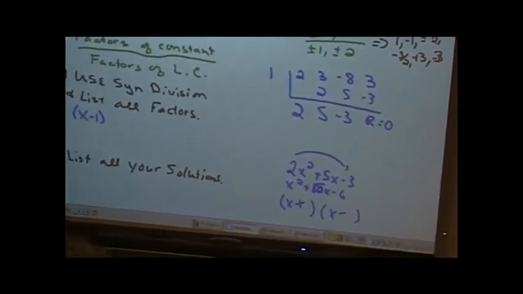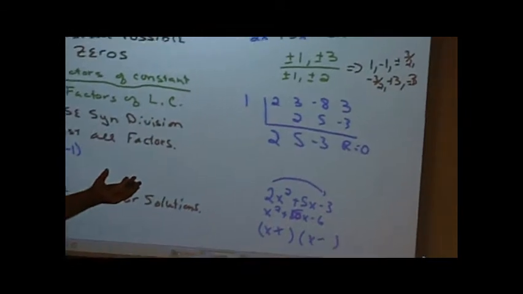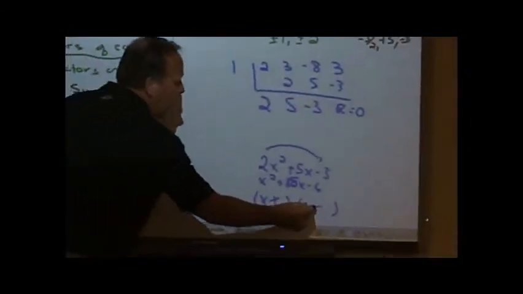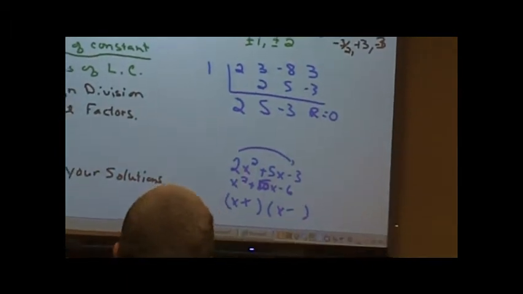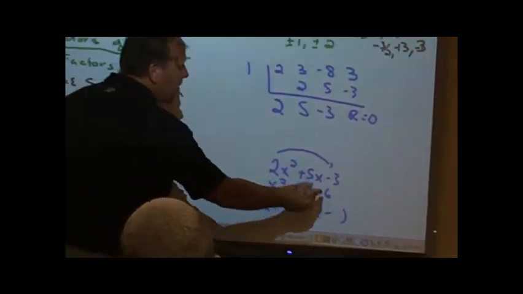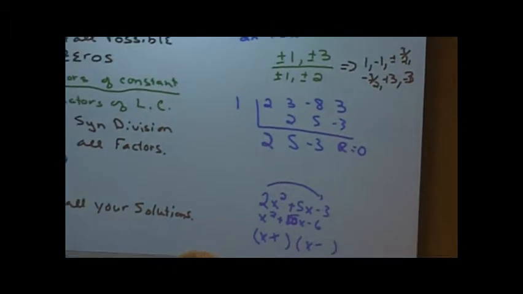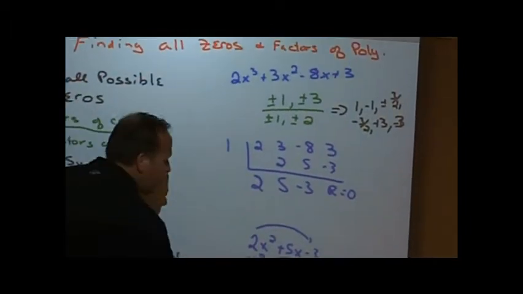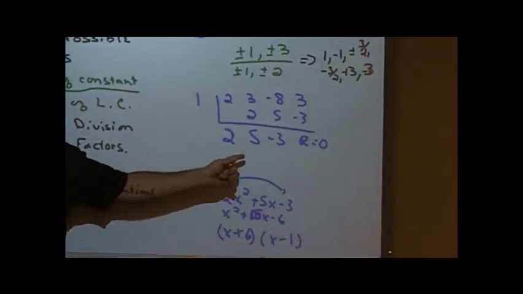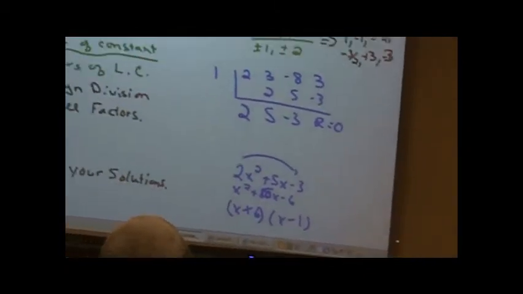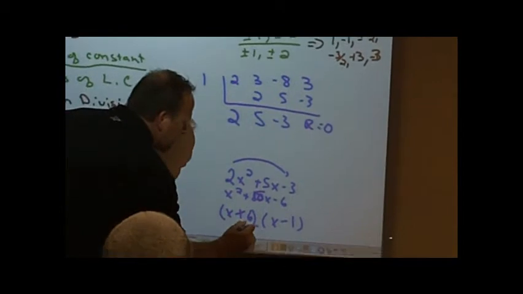Okay? My factors of 6 will be 1 and 6 and 2 and 3. Since my signs are opposite, I'm thinking what factors of 6 will I subtract to give me 5? Which would be what? 6 and 1. The 6 has got to be what? Positive, and the 1 has got to be negative. Because I multiplied by 2 at the beginning, I have to do what? Divide by 2.